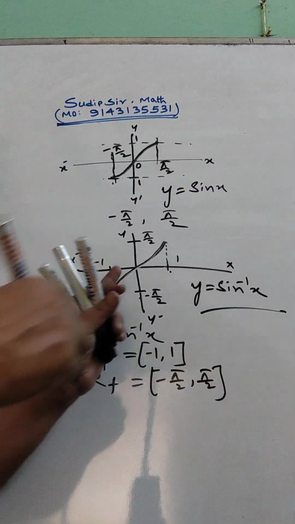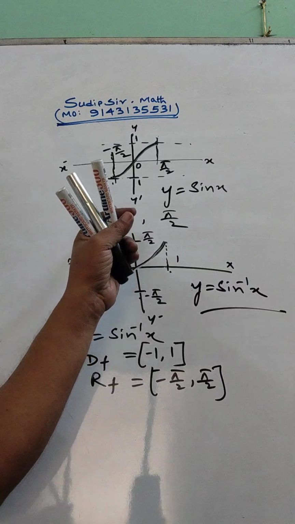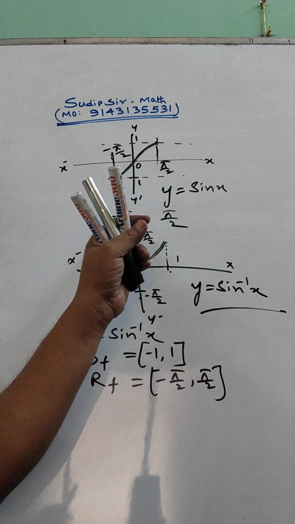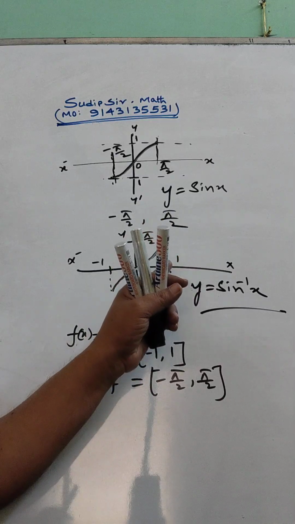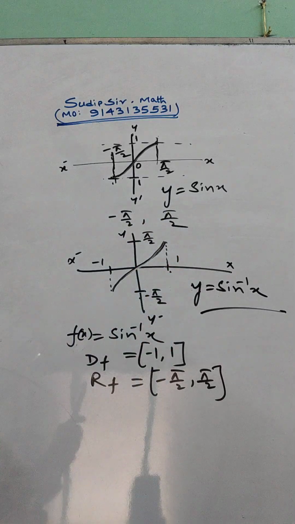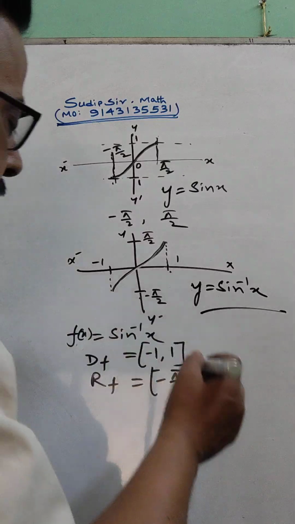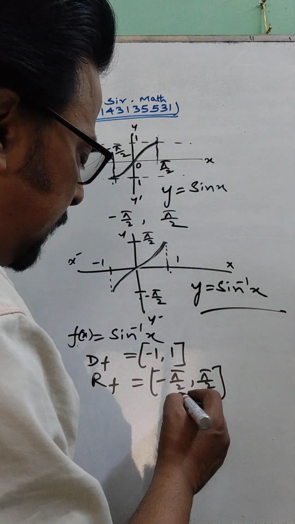So this is the domain and range of sin inverse x, and that is called the principal value.